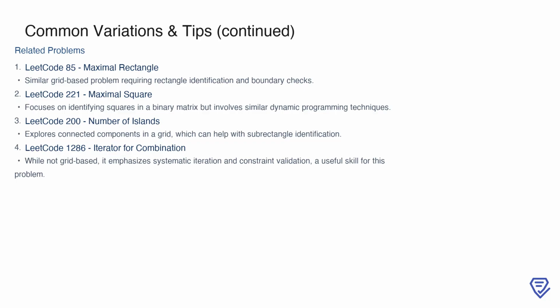LeetCode 200, Number of Islands, is another grid-based problem but emphasizes identifying connected components, which can be useful for understanding subrectangle formation. Lastly, while not directly grid-based, LeetCode 1286, Iterator for Combination, emphasizes systematic iteration and constraint validation. The skills required for that problem can enhance your approach to solving Strange Printer 2, especially when iterating through possible configurations systematically.